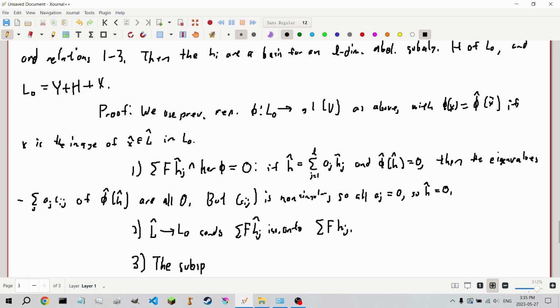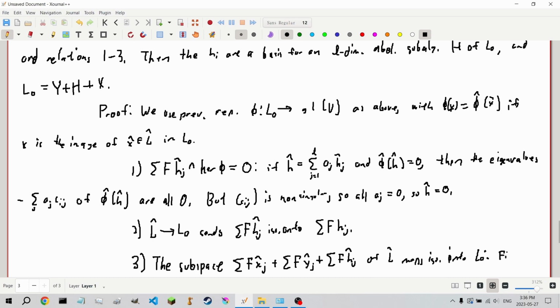The subspace, the sum of F x hat of j plus the sum of F times the y hat of j plus the sum of F times h hat of j, as a subspace of L, maps isomorphically into L naught.